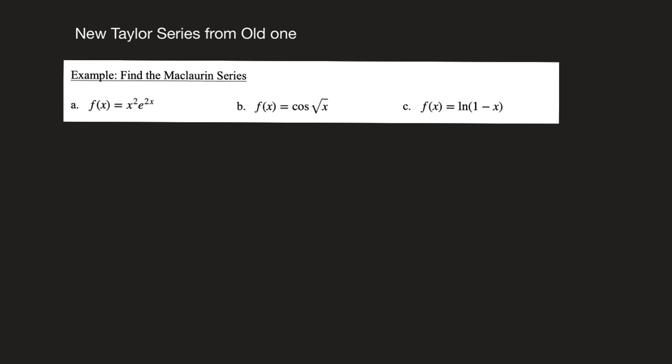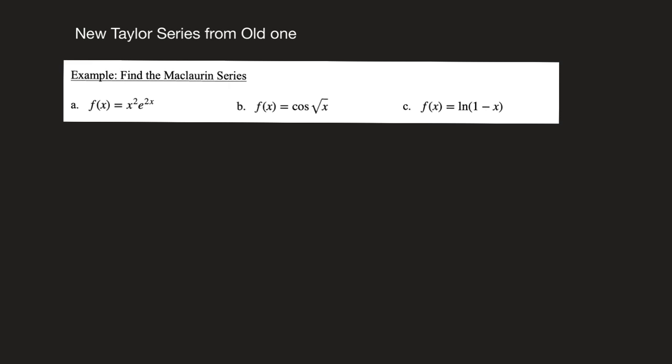Let's do part C. We want to find the Maclaurin series for ln(1 - x). We already found ln(1 + x) from the geometric power series.